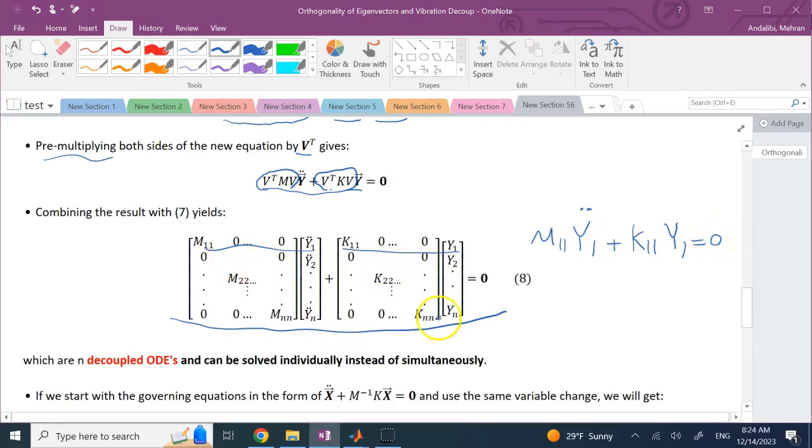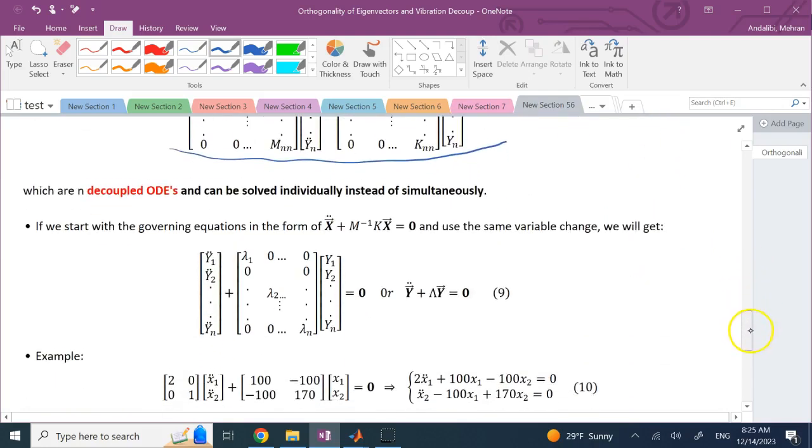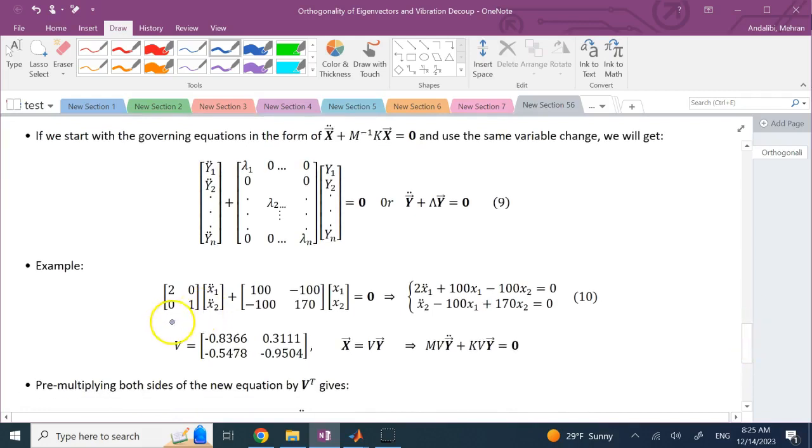And it's the same for all other degrees of freedom. So each one of these y's can be solved separately. You don't have both x1 and x2 in the same equation. Remember previously, and I'll show you in our next example, this is the example we solved in the previous video, where m was diagonal, k wasn't.